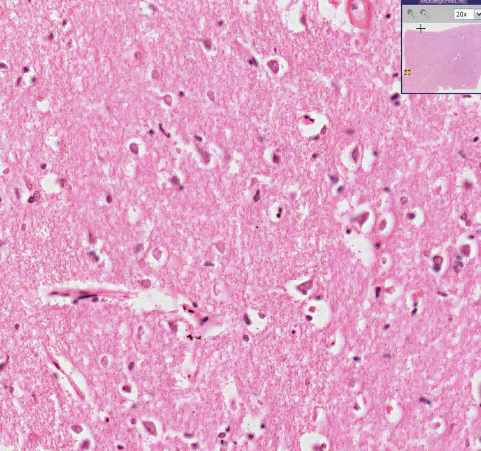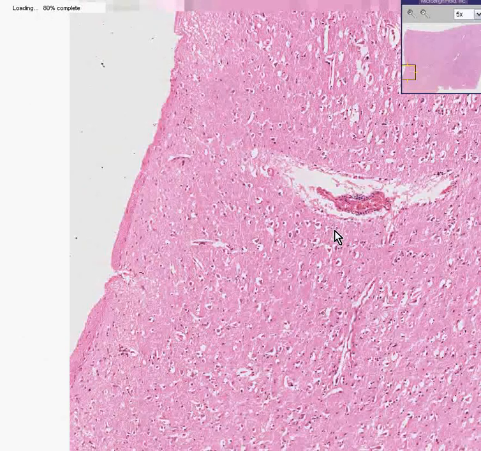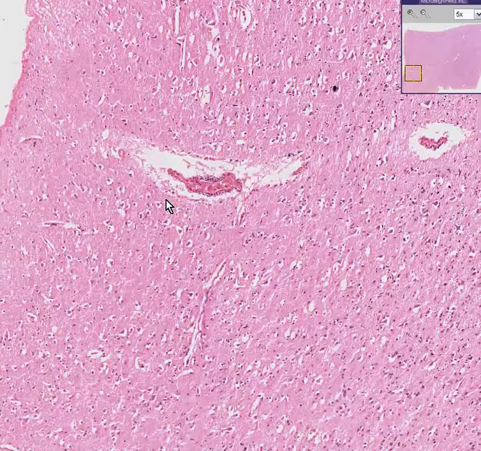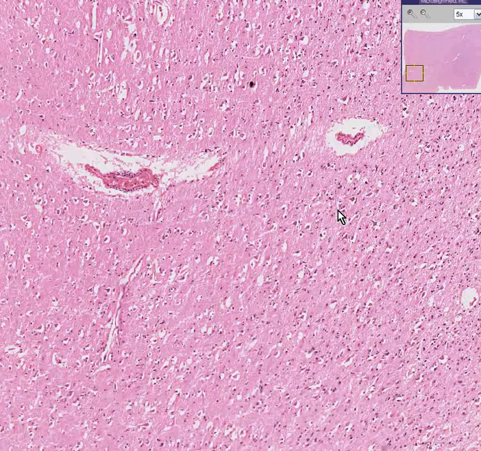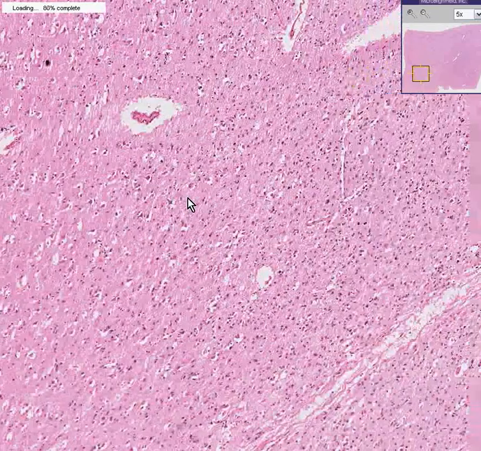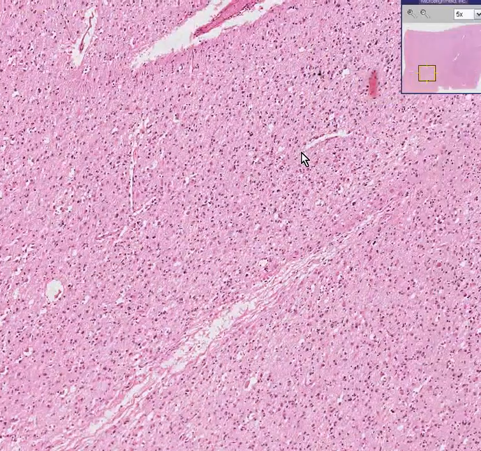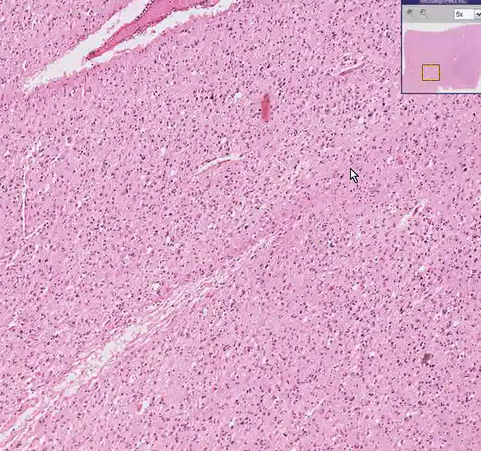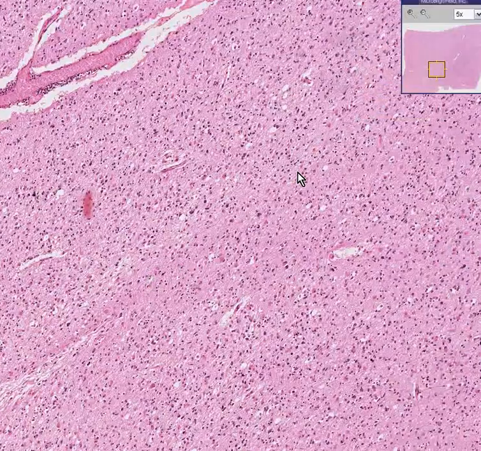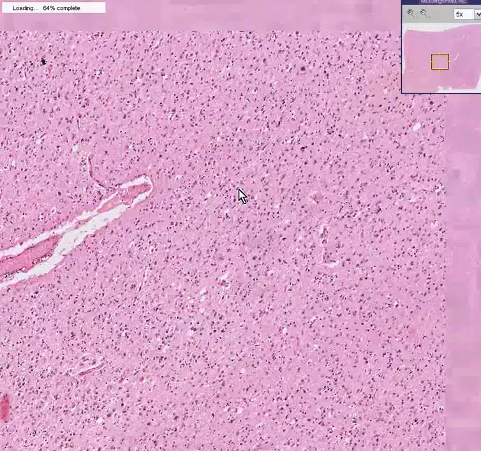But we perhaps can't see the forest for the trees because if you take this, what you might possibly call on a good day, normal brain, notice as you go towards the center, all of a sudden the cellularity of glial cells, mostly the small nucleated cells, increases drastically.